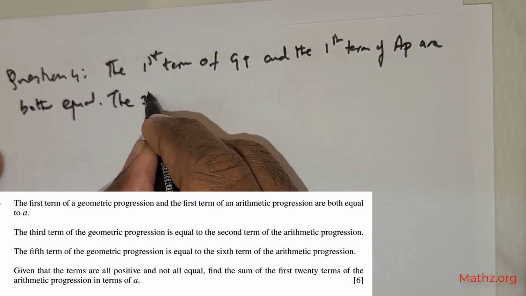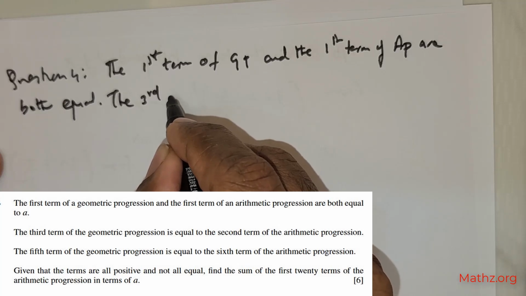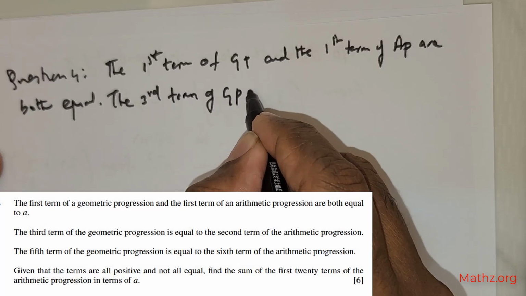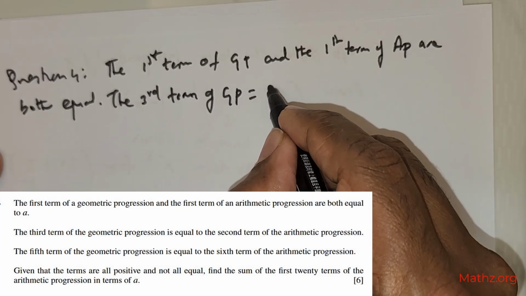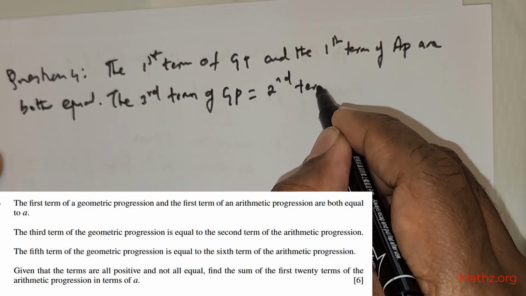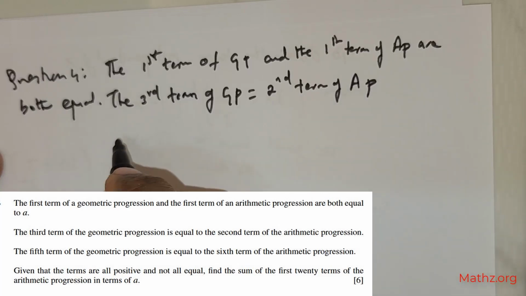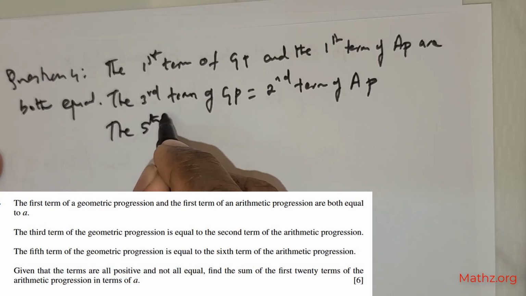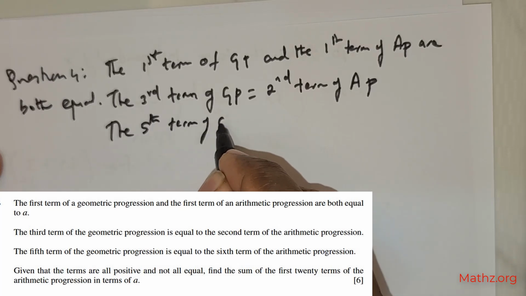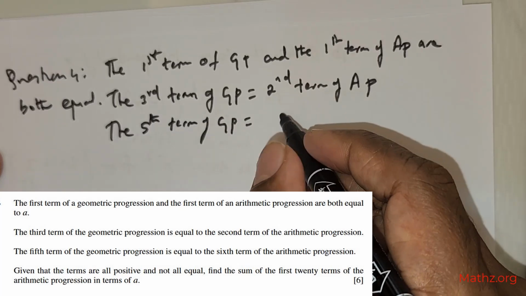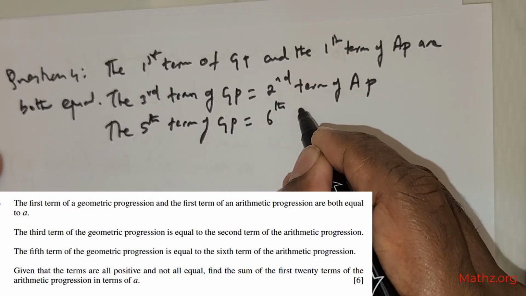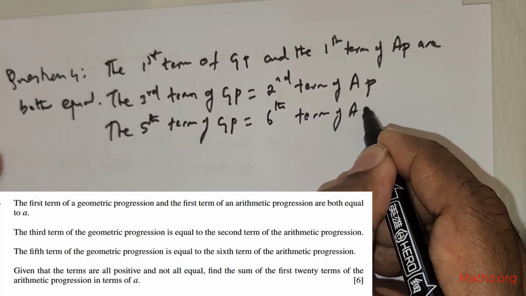Next, the third term of GP is equal to the second term of an AP. And next it says the fifth term of GP is equal to the sixth term of AP.